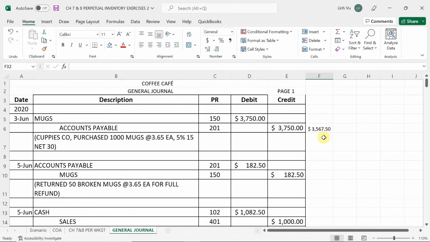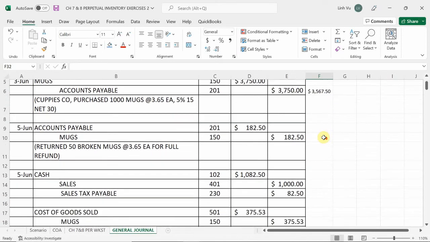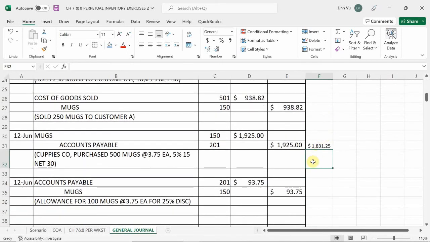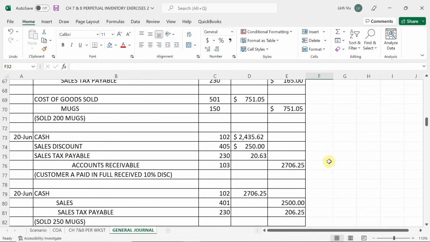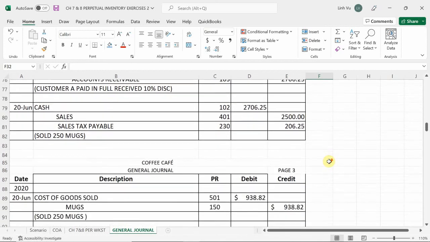So 3,567.50 plus 1,831.25 plus the one that I purchased on the 21st, right?